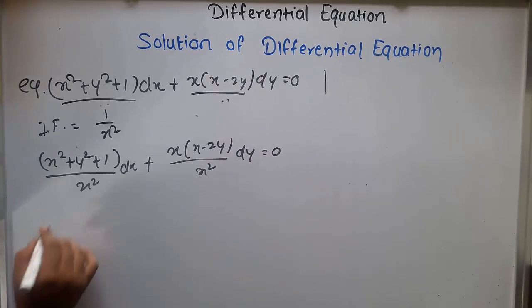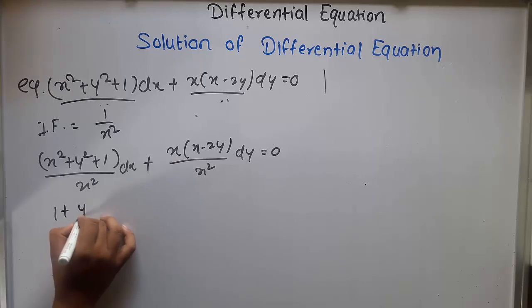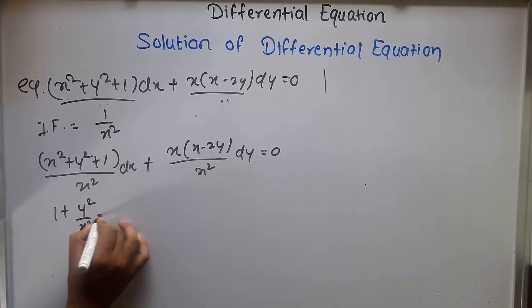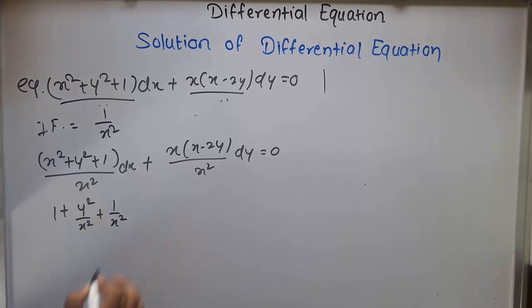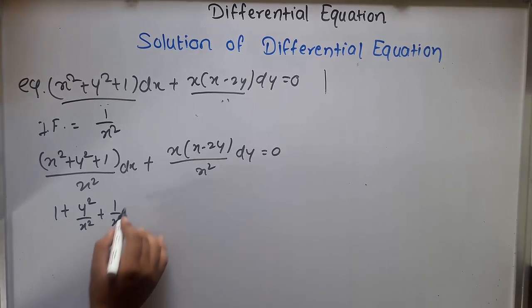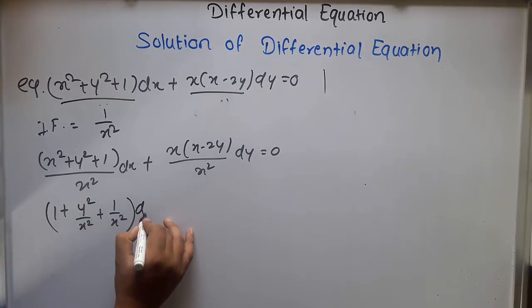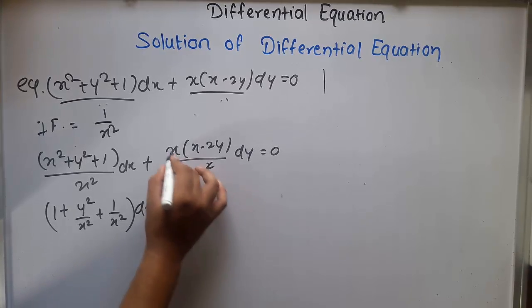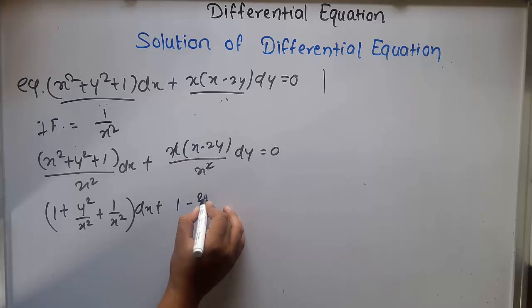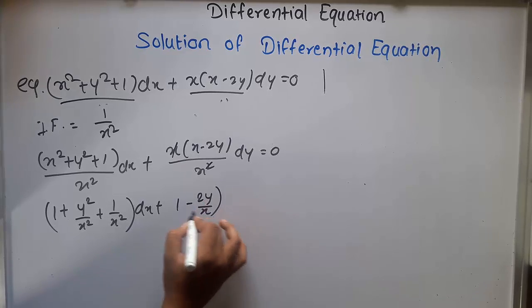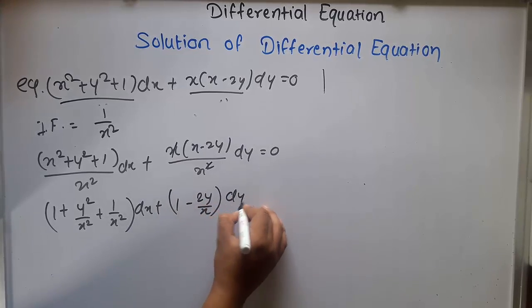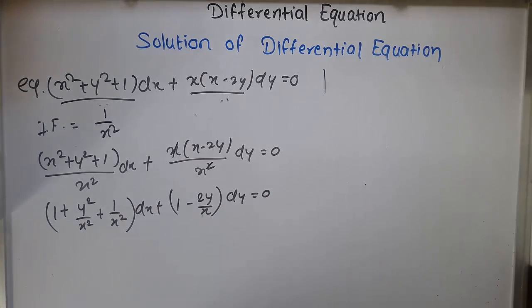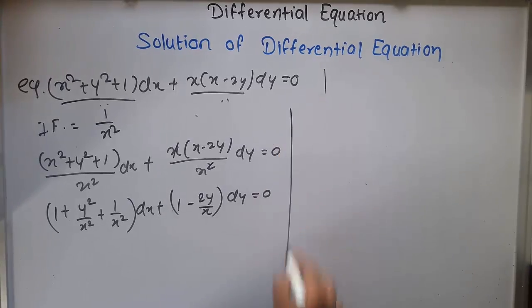We make it simple: 1 plus y square upon x square plus 1 upon x square dx plus, here x is getting cancelled, 1 minus 2y by x dy equal to 0.